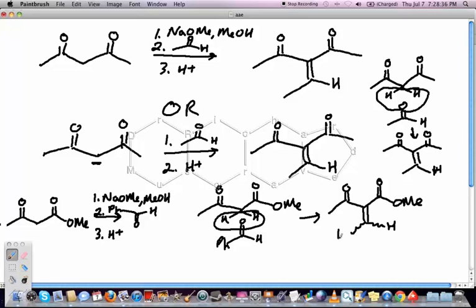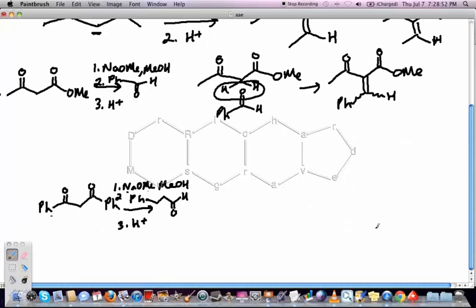So I will attach squiggly lines to these to indicate that both cis and trans are possible. Remember, the squiggly lines can be added to either the top or the bottom of the C=C double bond. Doesn't matter which. All right, that's one example.